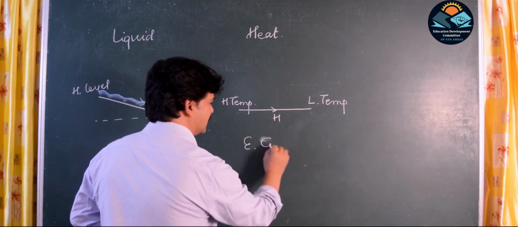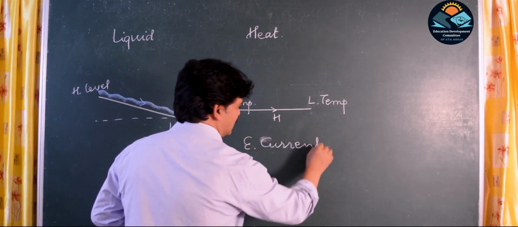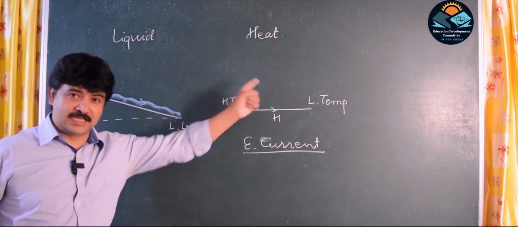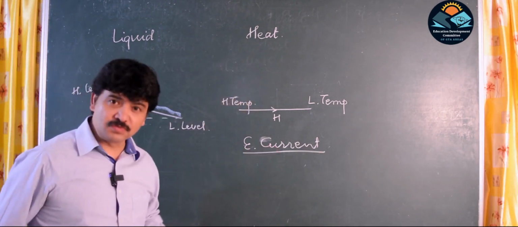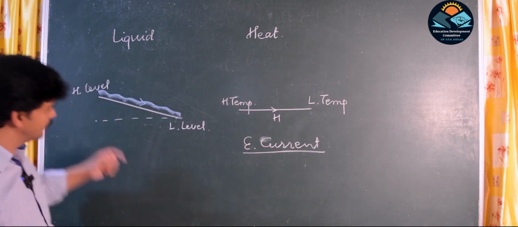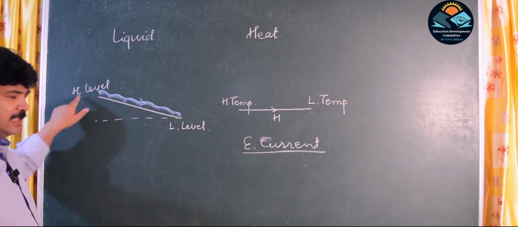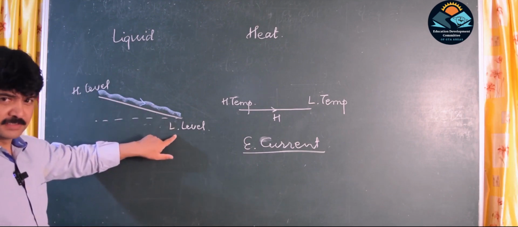Electric current, like a liquid or heat, also flows, isn't it? And a flowing object flows from higher value to a lower value, isn't it?